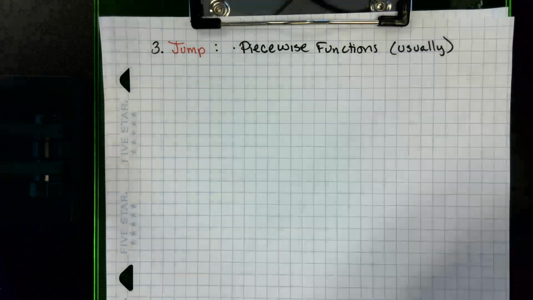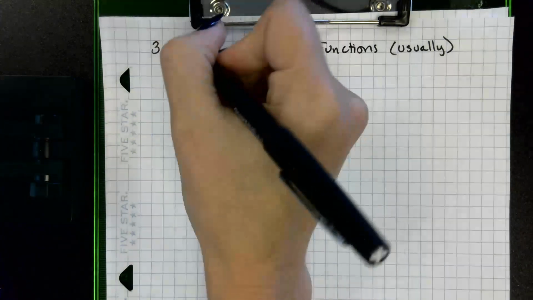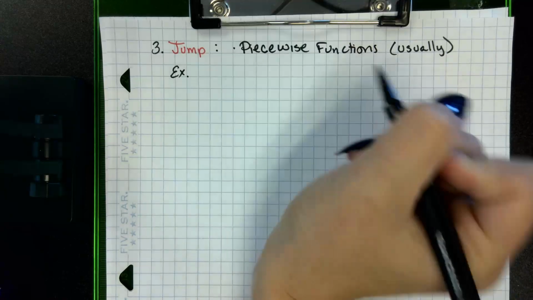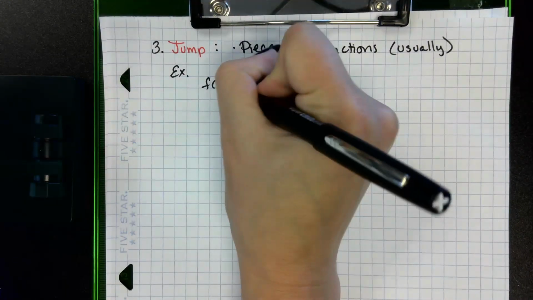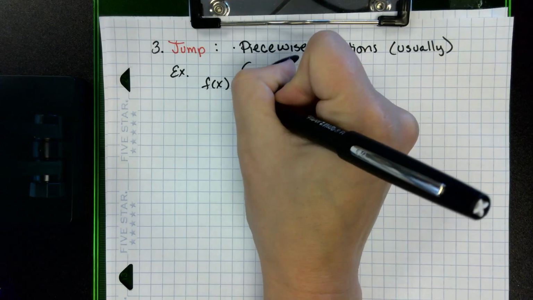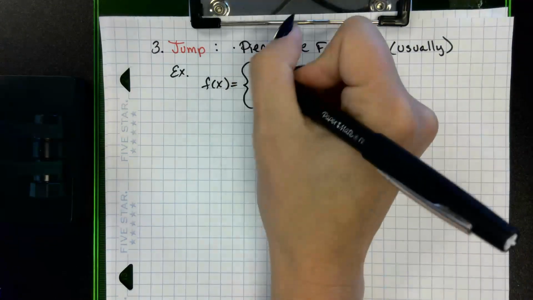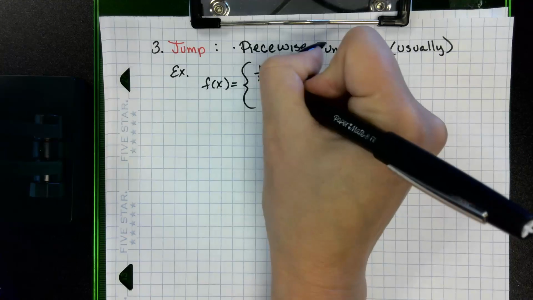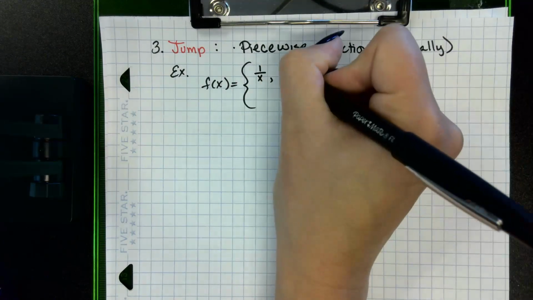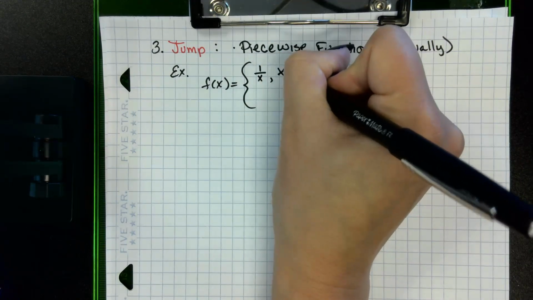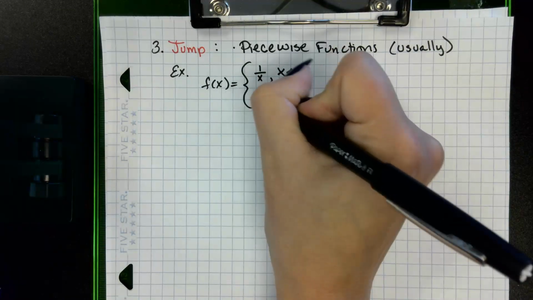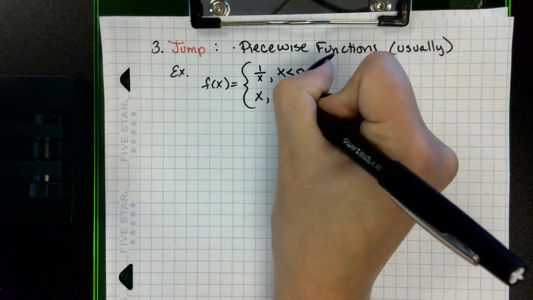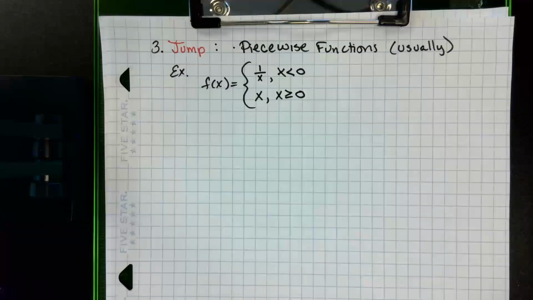All right. So the example here, if you were given f of x equals 1 over x for x's less than 0, and x for x's greater than or equal to 0.